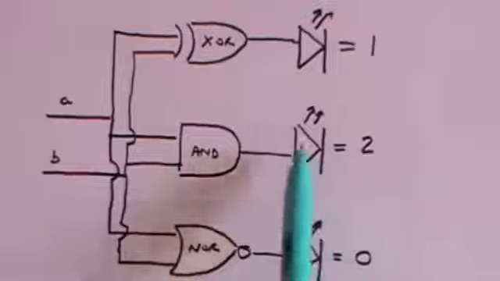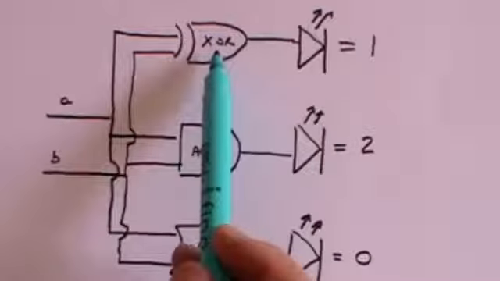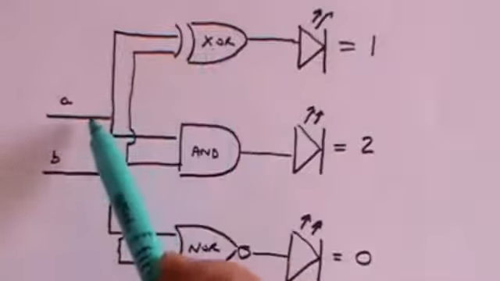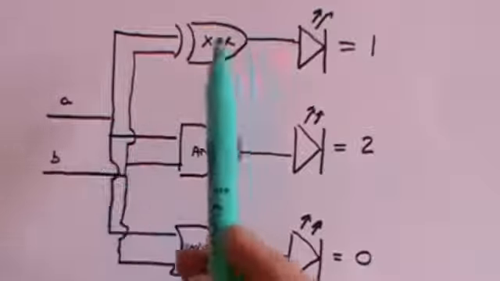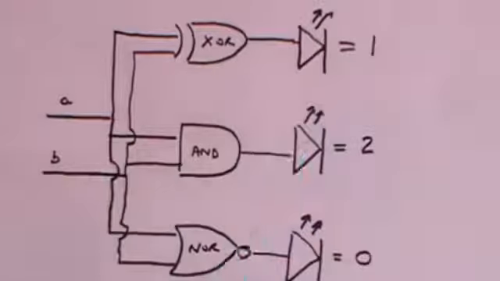So these two transistor light emitting diodes do not light up. But the XOR will light up because the XOR says one but not both of them has to be positive. And when that lights up, you have added 1 and 0 to make 1.